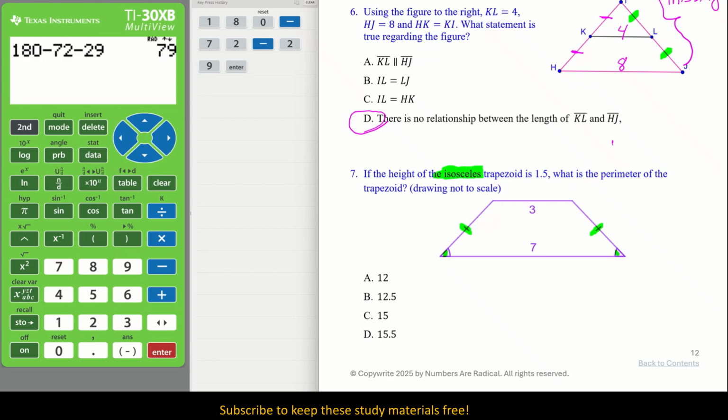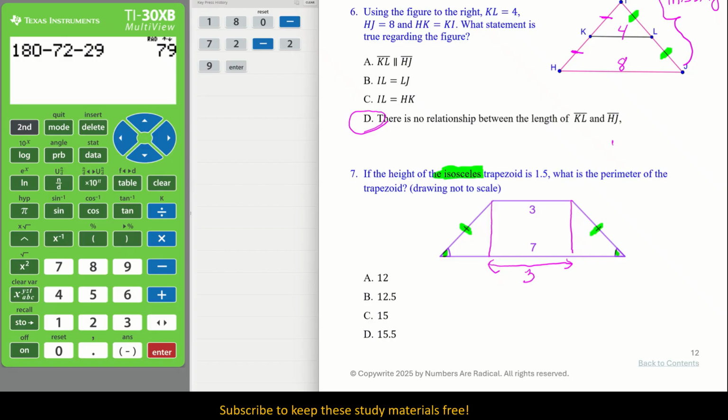That's extremely helpful because then we also know that our height from here to here and here to here, we can box this in, and that gives us this distance here as being 3.